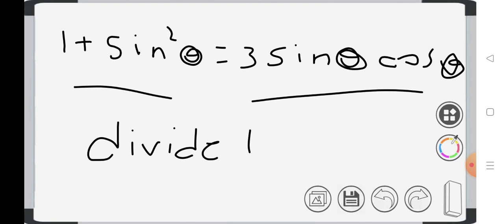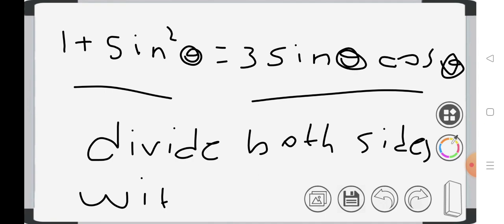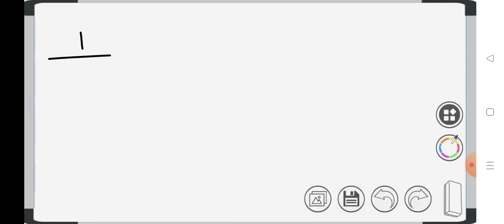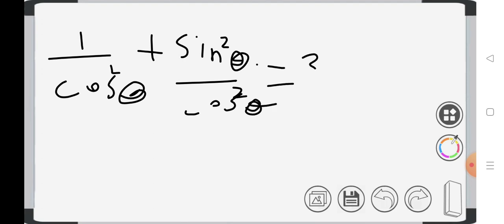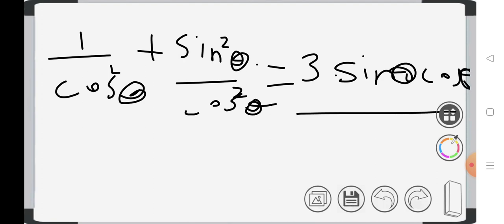Then it will become 1 by cos square theta plus sin square theta by cos square theta is equal to 3 sin theta into cos theta by cos square theta.